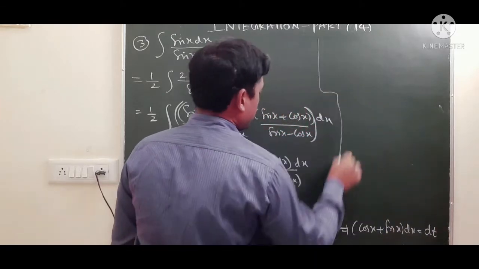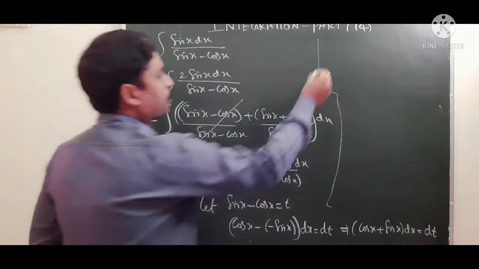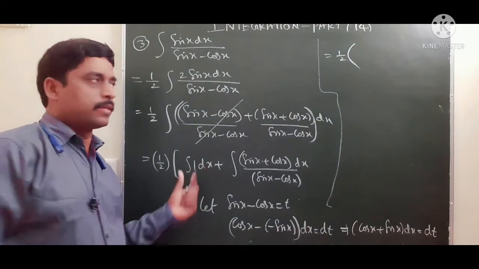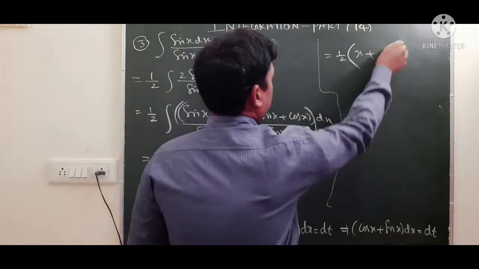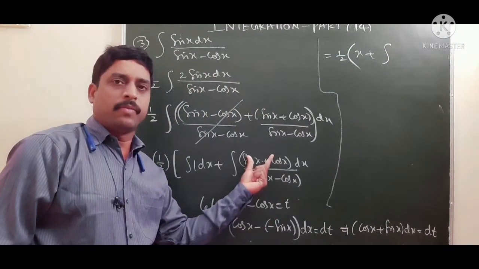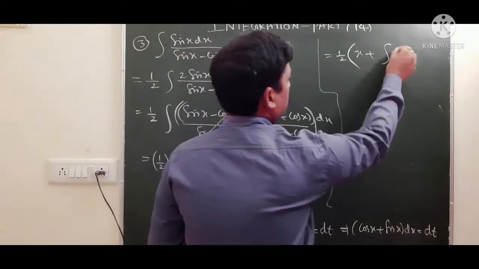Okay, this is the continuation. 1 by 2 times of integral 1 dx, value x, plus integral, if the denominator is t, then the numerator will be dt. So integral dt by t.